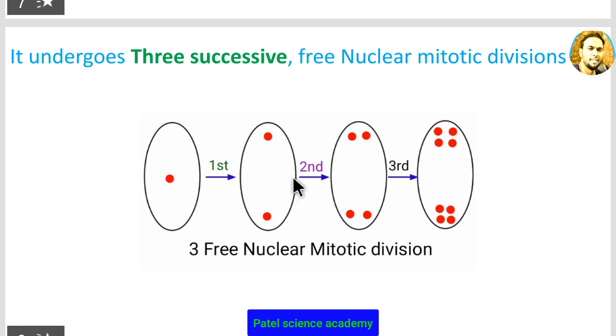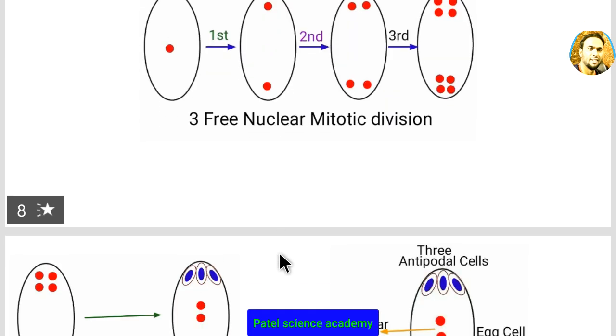Now this two cell structure will go for the second mitosis, and by the second mitosis it will convert into a four cell structure, and this four cell structure will go for the third mitosis and convert into an 8 cell structure. So from one cell, two cells by the first division, from two cells into 4 cells by the second division, and from 4 cells into 8 cells by the third division. This is the 3 free nuclear mitotic divisions.